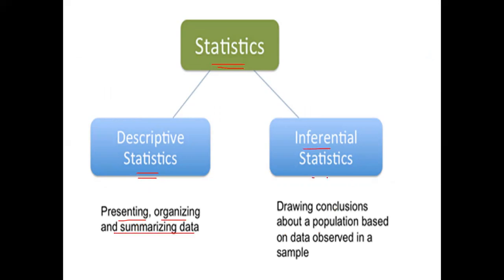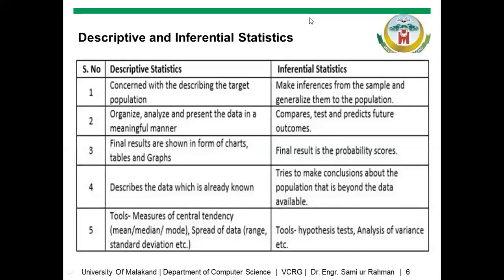And in inferential statistics, we are drawing conclusions about the population based on data observed in some given samples, not in a sample, but given samples. So this is about the presentation and organization of data, and this is about prediction and generalization. Okay, this is the difference between descriptive statistics and inferential statistics.